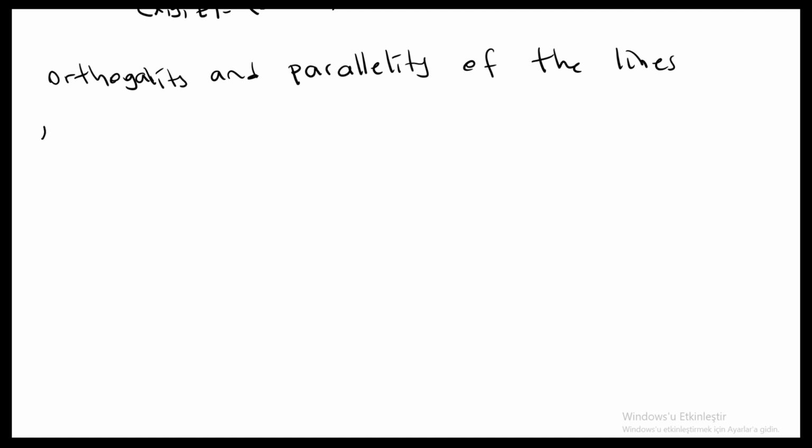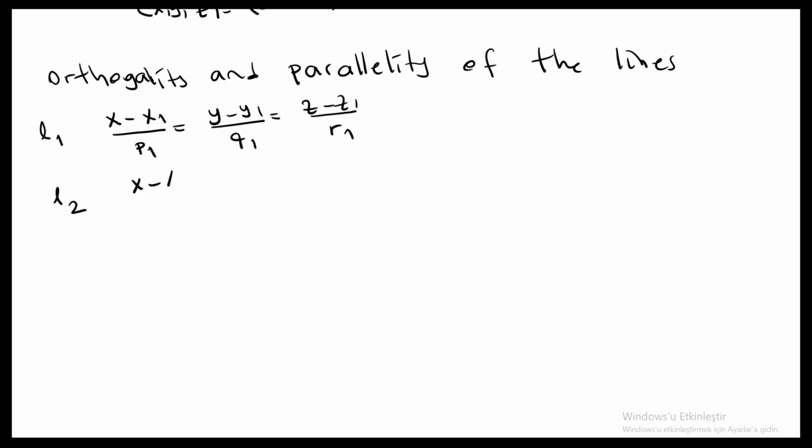Okay, let's say we have two lines. L1: x minus x1 over P1, y minus y1 over Q1, and z minus z1 over R1. The other line, L2: x minus x2 over P2, y minus y2 over Q2, and z minus z2 over R2.